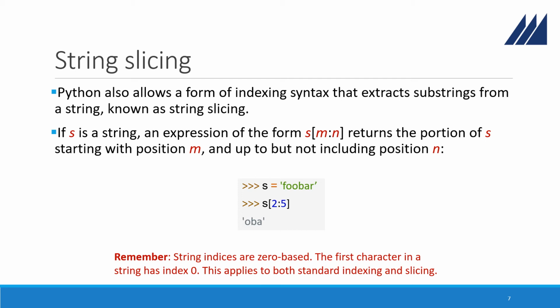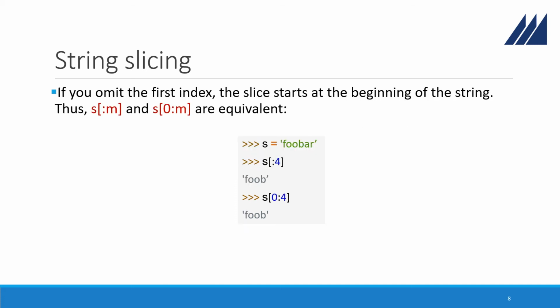Here's 0, and here's 1. Number 2 is the character O, number 3 is the character B, number 4 is the character A. Number 5 is not going to be included. And the result, as you can see, is OBA. Please pause the slides and try this example.